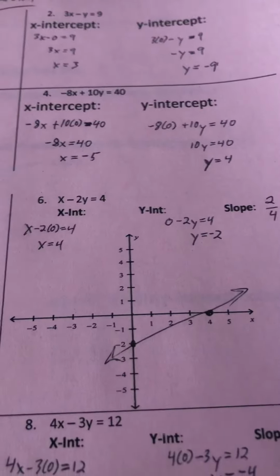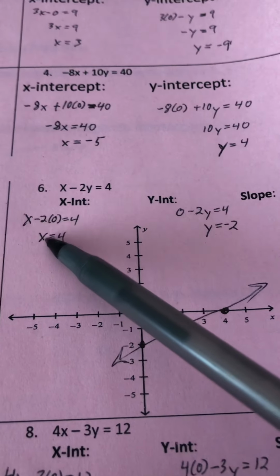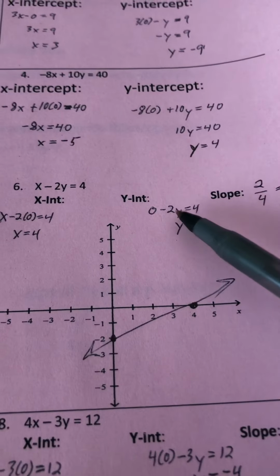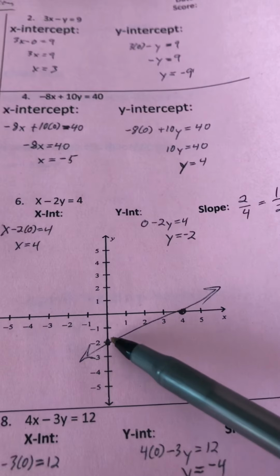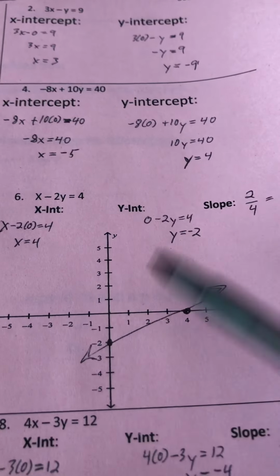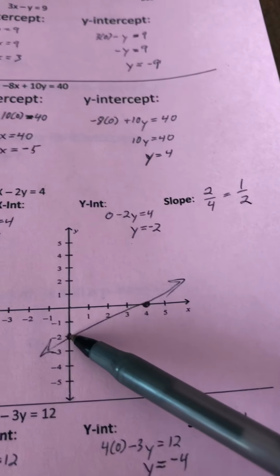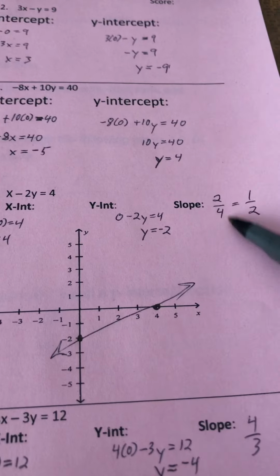Number 6. I set my y at 0 to figure out my x-intercept. And I set my x at 0 to figure out my y-intercept. Y ends up being at negative 2. So now I'm at negative 2 on the y-axis, and on the x-axis I'm at 4. Notice my slope, it goes up 2 over 4, so a positive 2/4.